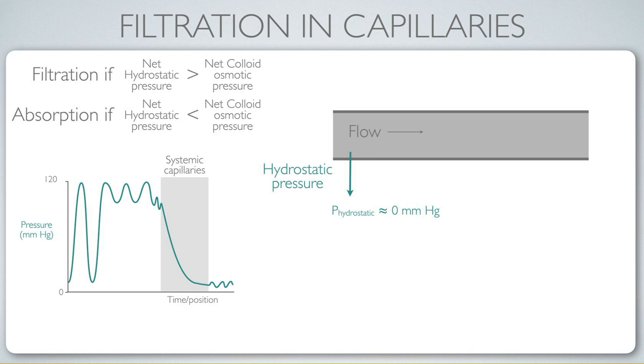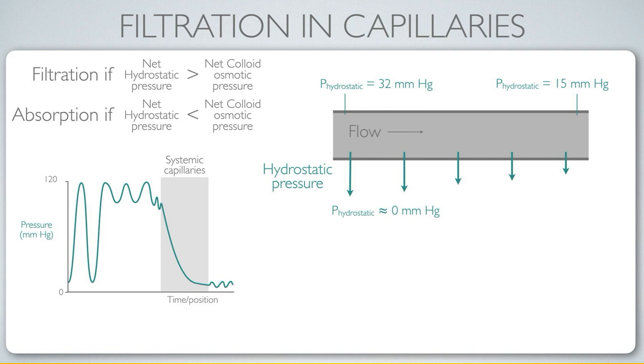On the upstream end, because of that strong arterial pressure in the major arteries, we've got a higher hydrostatic pressure than on the downstream end, where we've got 15 millimeters of mercury compared to the 32 on the upstream end. And we're going to show that schematically by the length of these green arrows. All right, so that's going to tend to favor filtration, expelling water from the capillary.